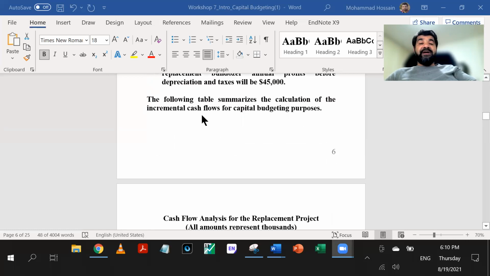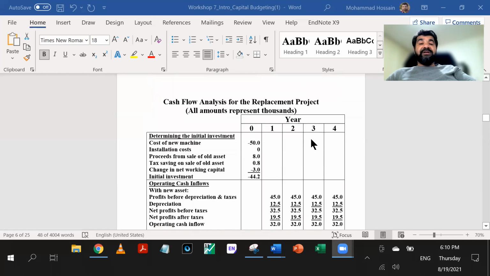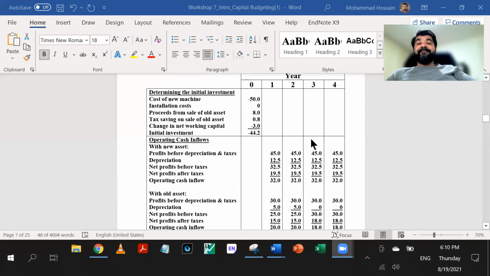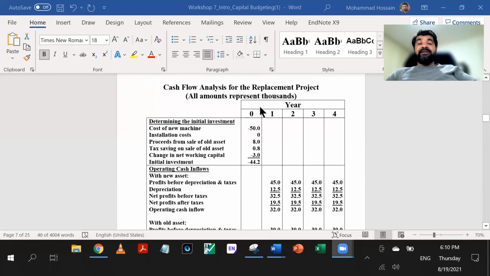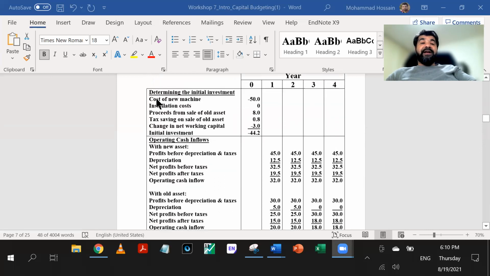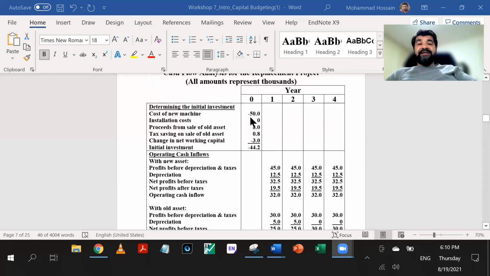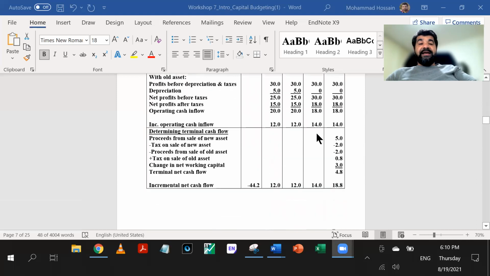The following table summarizes the calculation of the incremental cash flows for capital budgeting purposes. Years 0, 1, 2, 3, 4. Determining the initial investment is here. Figures are in thousands.